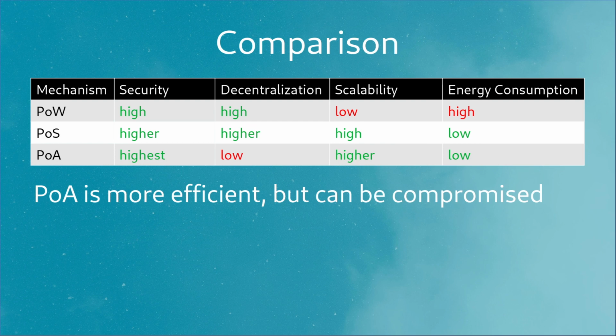On the other hand, with a proof of work or proof of stake, the validators are anonymous, and there can be a lot of validators, and therefore the decentralization is high.